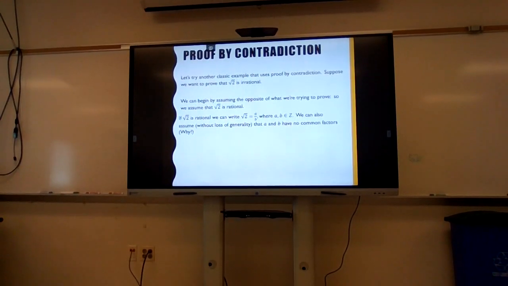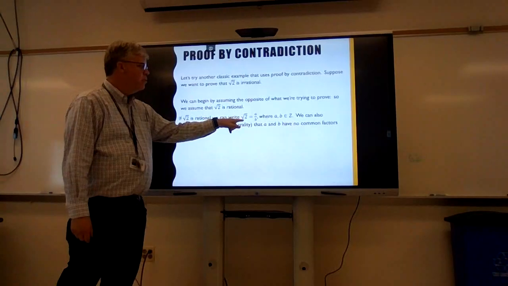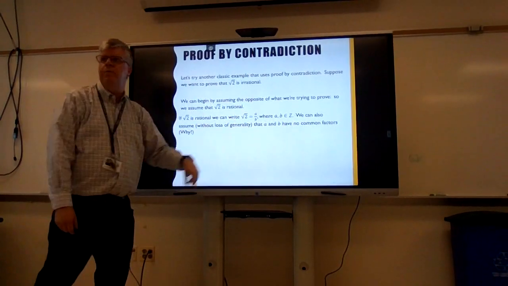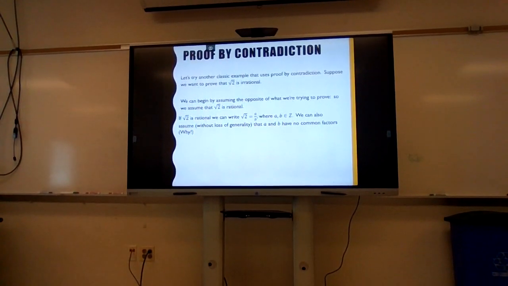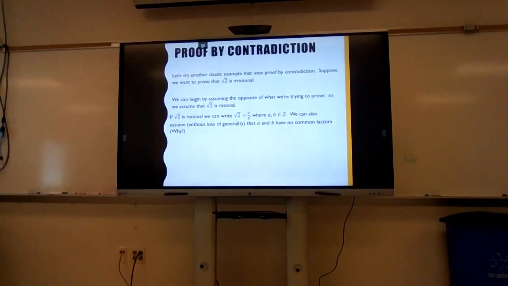If 4/3 worked, then so does 8/6 or 12/9, right? Any of those. So what we're saying here is, not only can I write root 2 as a over b, I'm not picking a over b to be any of those fractions. I'm saying a over b is the simplified version of the fraction. So it says we can assume without loss of generality that a and b have no common factors.